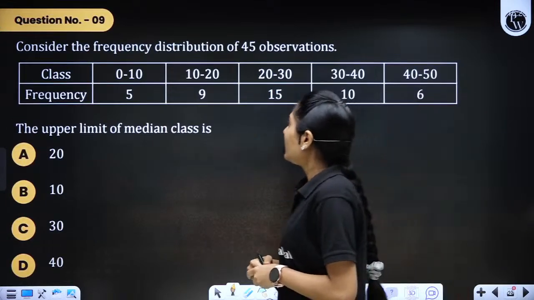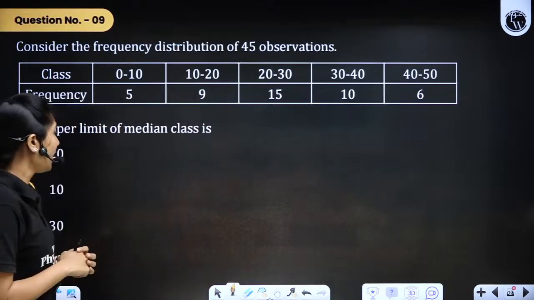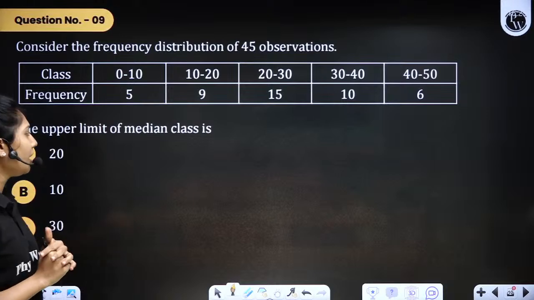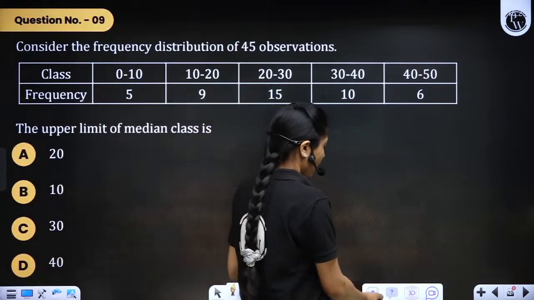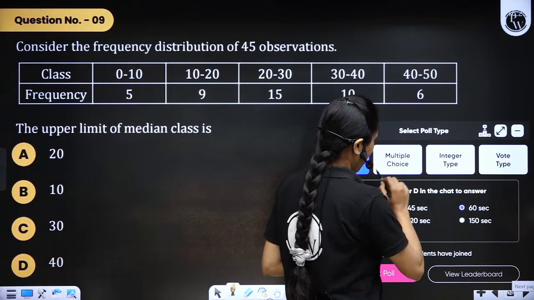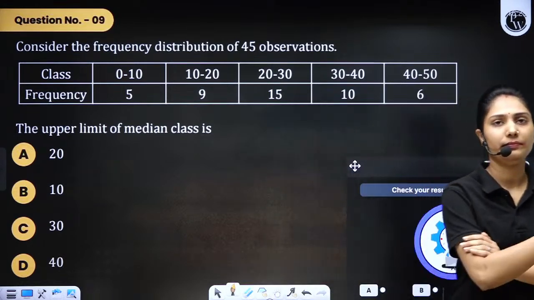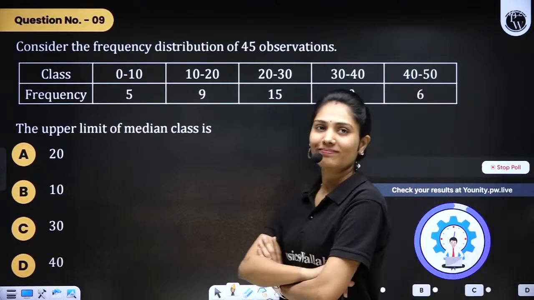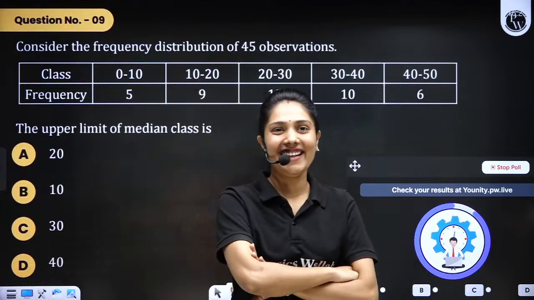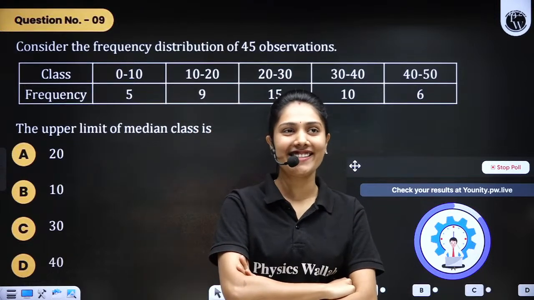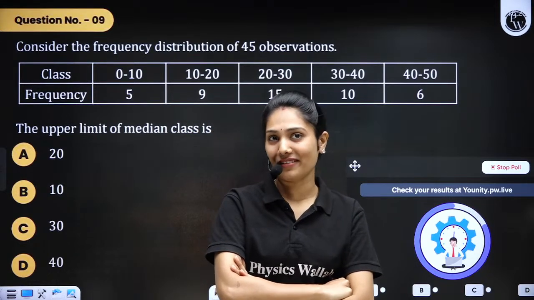Next is, consider the frequency distribution of 45 observations. The upper limit of median class is. What will be the upper limit of the median class? Okay, I can see options. Let's check if it is correct or not.